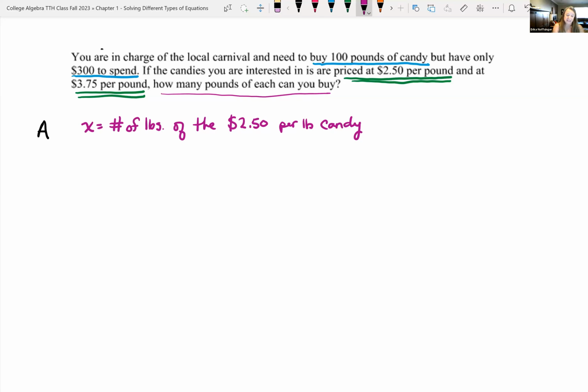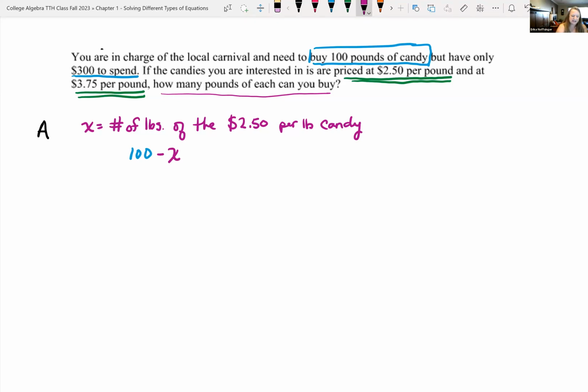Okay, so that was X pounds, but that is X pounds out of the 100 pounds of candy that she's buying. And so, for instance, if she had 10 pounds at the $2.50 per pound candy, then 10 pounds out of the 100 pounds would give us 90 pounds left. So we need to look at the 100 pounds minus how much she used at the $2.50, how many pounds of candy.